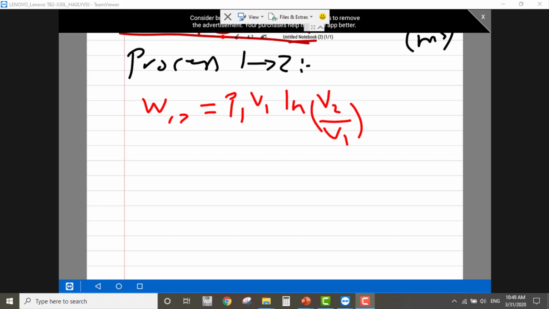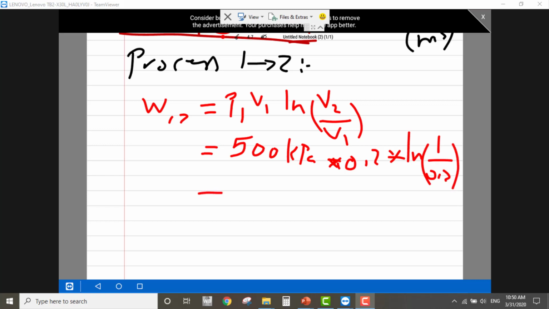This equals P1, 5 bar or 500 kilopascal, always converting from bar to kilopascal, multiplied by V1, which is 0.2, multiplied by ln of V2, which is 1, divided by 0.2.